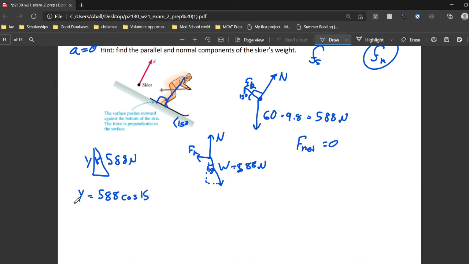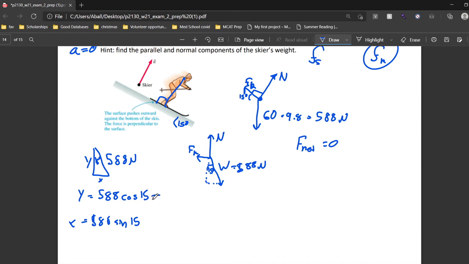And then x is equal to 588 sine 15. And these are just rules of triangles. If you don't recall why I'm using these values, then just review SOHCAHTOA, basically.